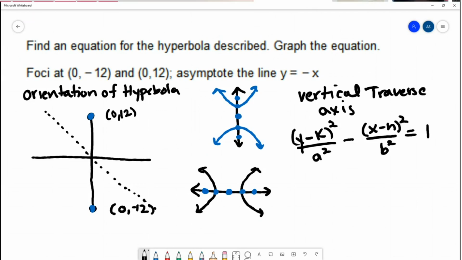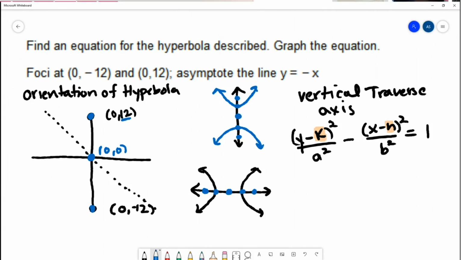Now that I have the right template, I want to start filling in pieces of information. The first piece of information that I want to figure out involves the h and k. You'll recall the (h, k) is the center. Looking at our rough sketch, I'm going to place the center right here at the origin, (0, 0). We have a lot of symmetry going on with that hyperbola, and so I've got (0, 0) in the middle, or the center, of the two foci.